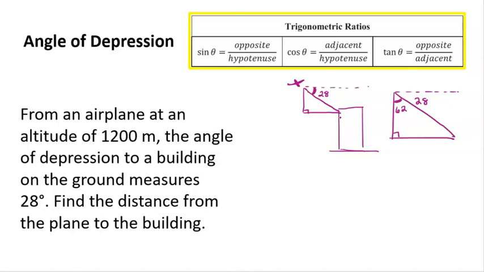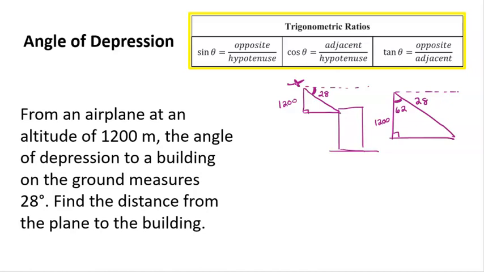So now it says the altitude of the plane is going to be here. And so they're saying the altitude from that building to the plane, not necessarily from the plane to the ground.